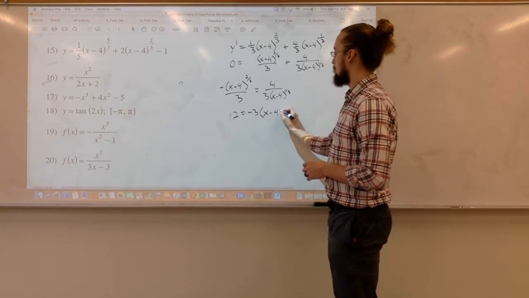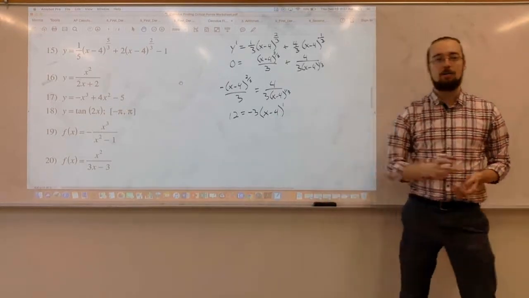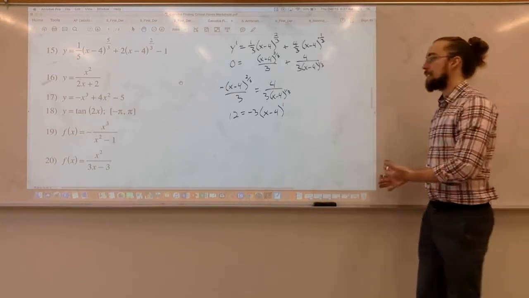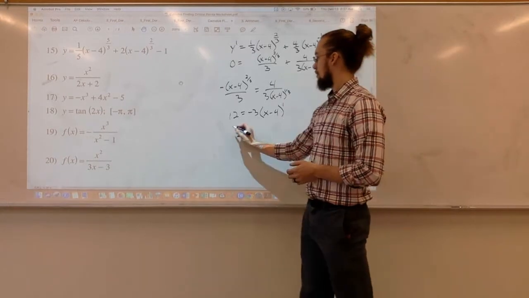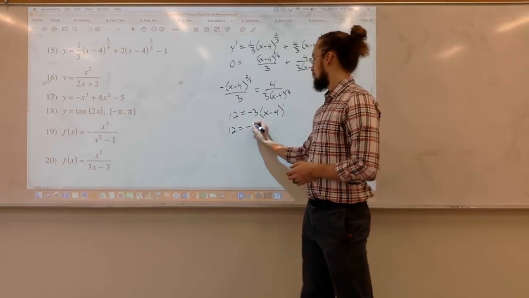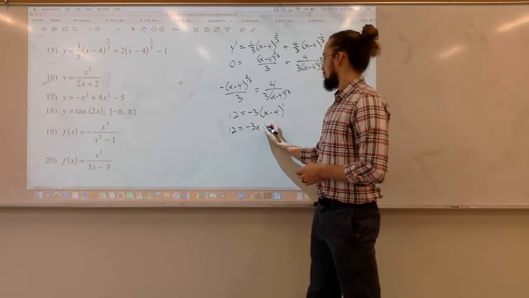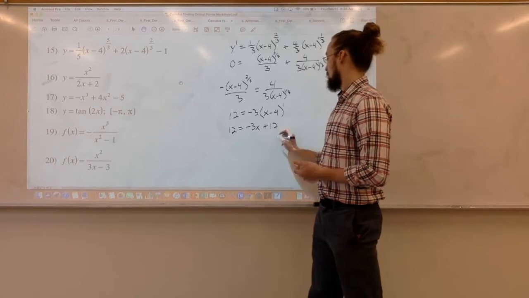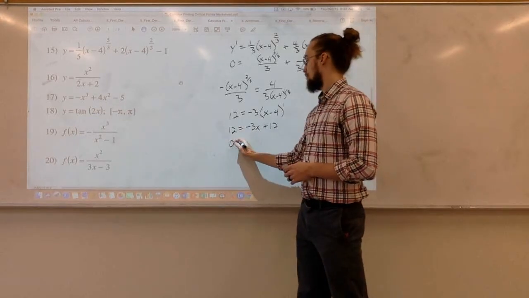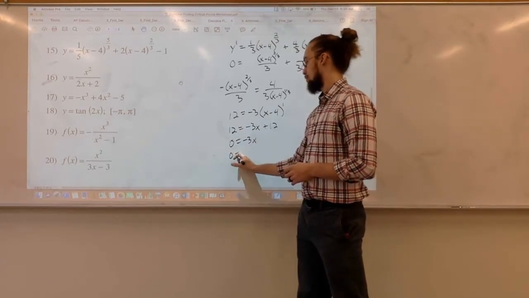So this is just x minus 4 to the first power now. Now this is a pretty straightforward equation to solve. Right? 12 equals negative 3x plus 12. Subtract the 12 over. We get x equals 0.